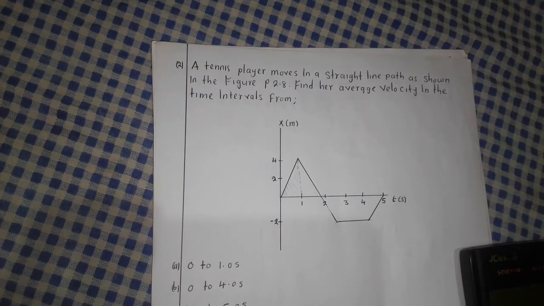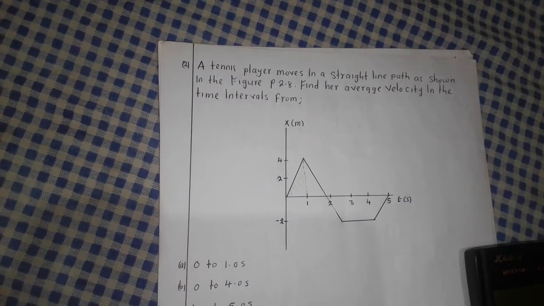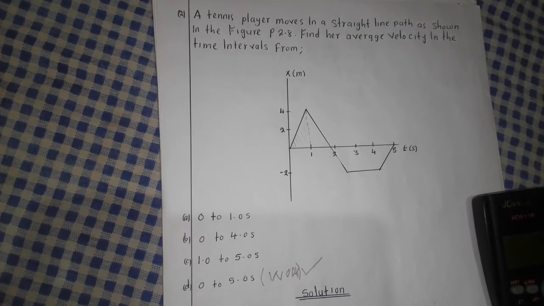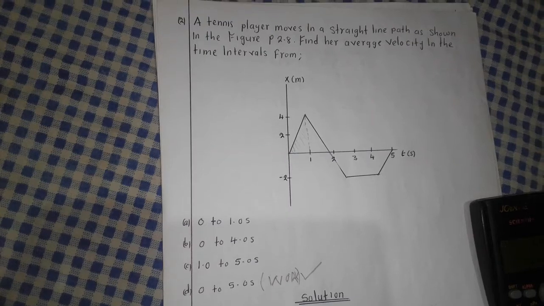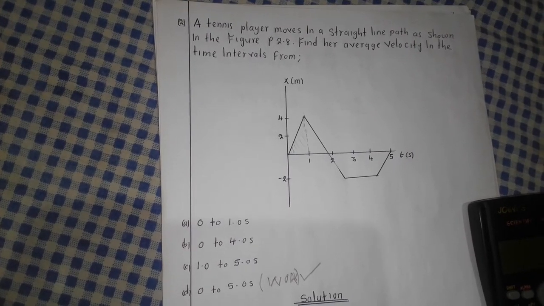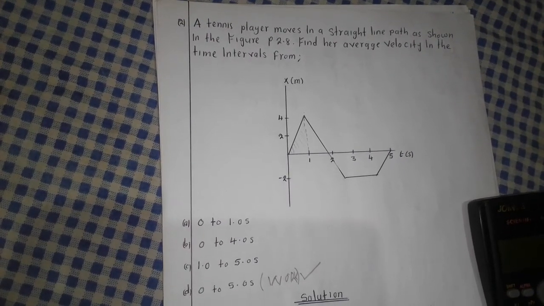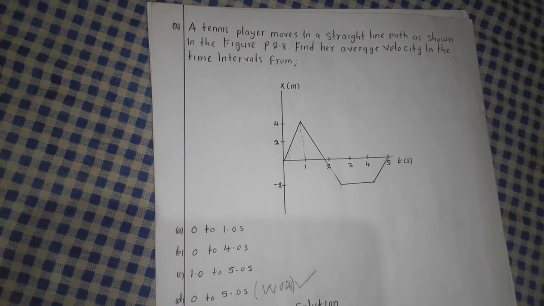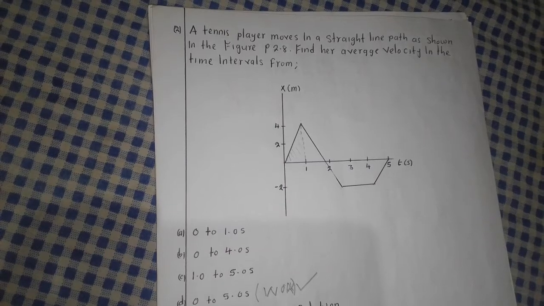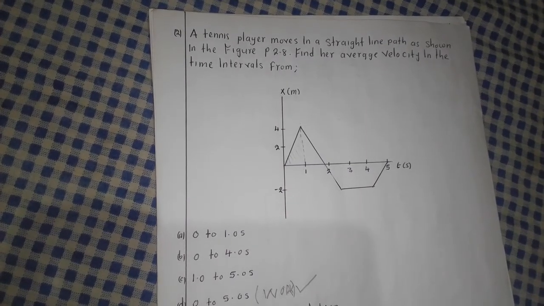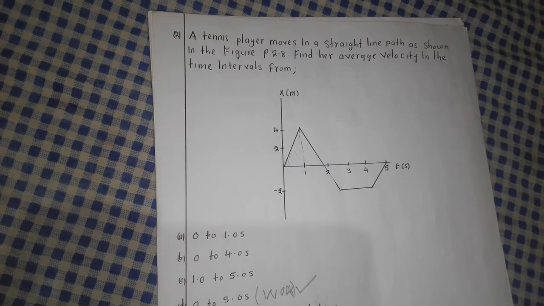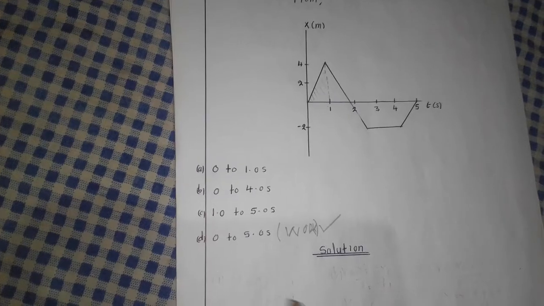Find her average velocity in the time intervals: A, from 0 to 1 second; B, from 0 to 4 seconds; C, from 1 to 5 seconds. When you look at the diagram well drawn, you'll be able to figure out the speed of this particular individual at each particular period of time. So now, solution. We can start with the first question.